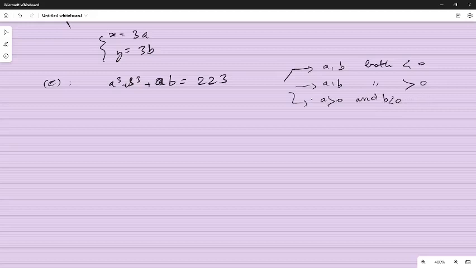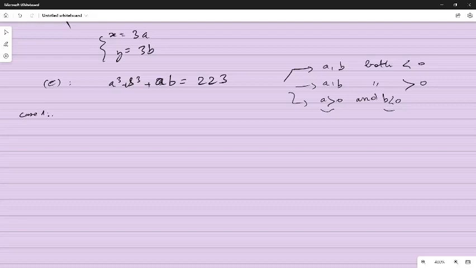And because the problem is symmetric, we consider only this case. And if we find that (a, b) is a solution, then (b, a) is also a solution.